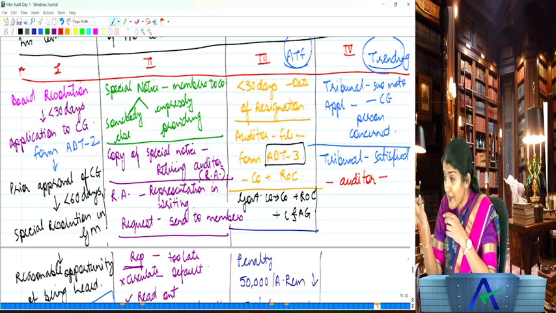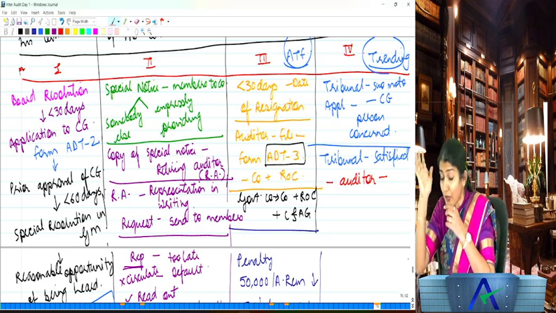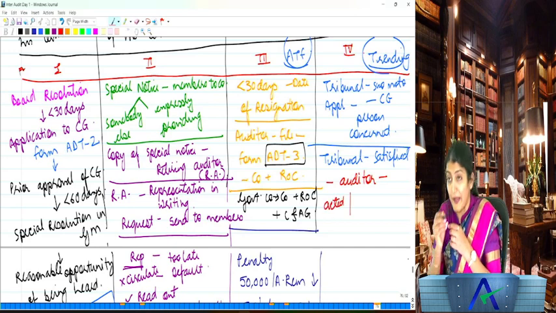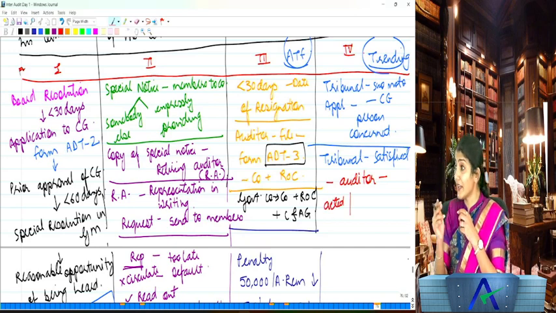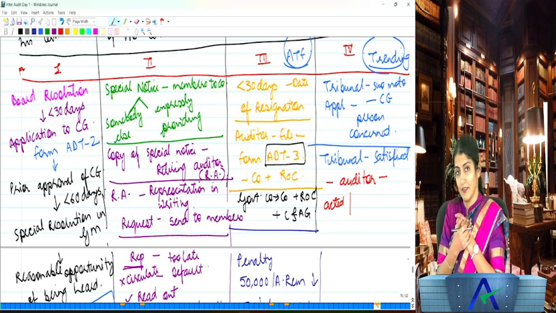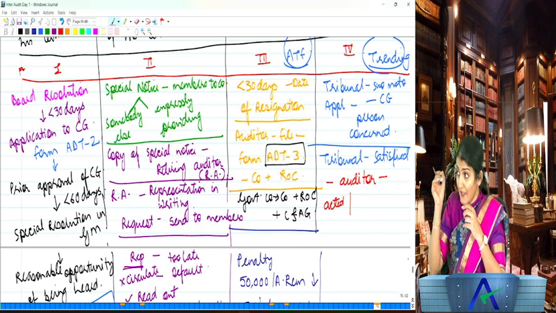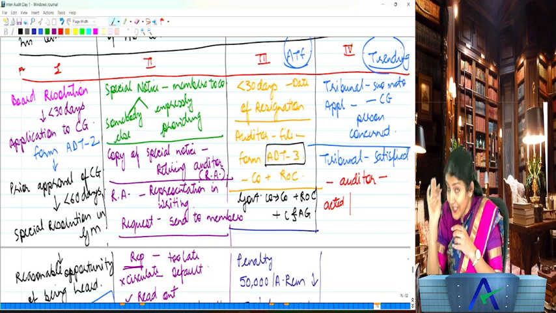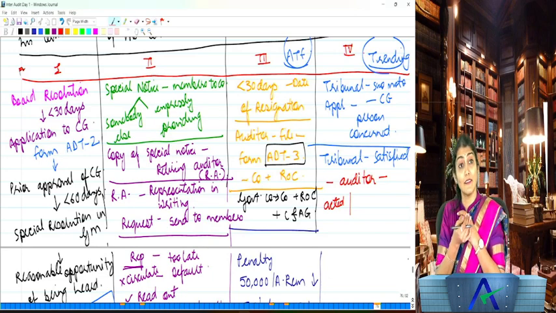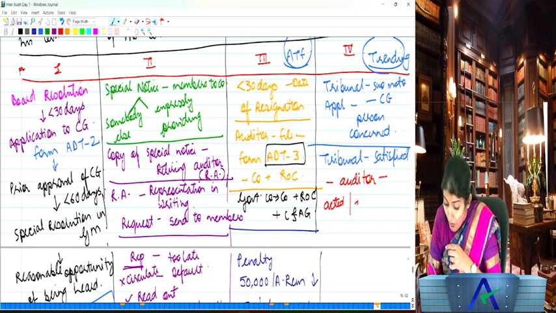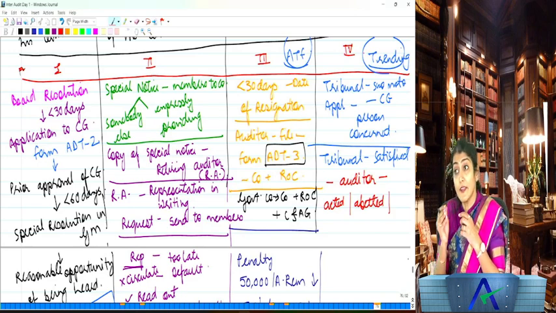That the auditor of the company has acted in a fraudulent manner. Fraud. Auditor is a fraud. Forget the company fraud, they say this auditor is a fraud. That the auditor has acted in a fraudulent manner or has abated, assisted, helped.